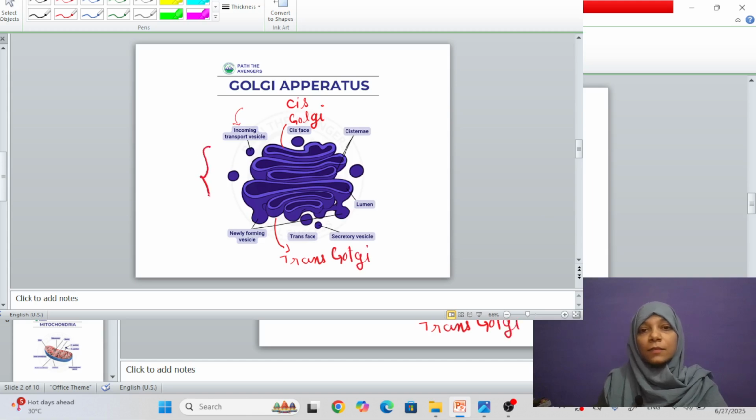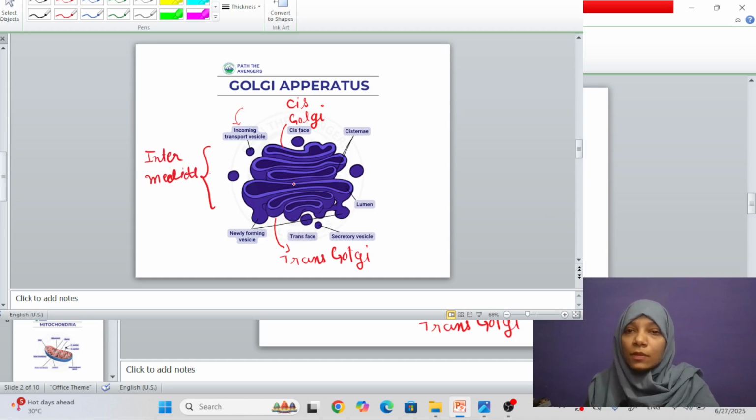And this is called intermediate Golgi complex. Here are some hollow structures that are called lumen.